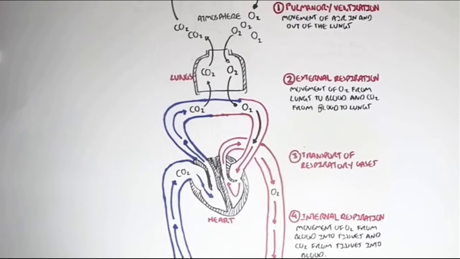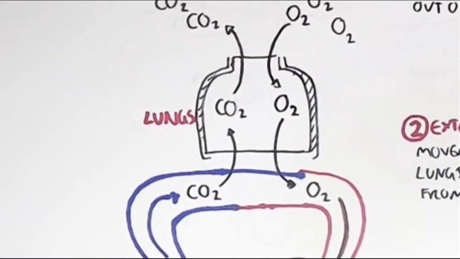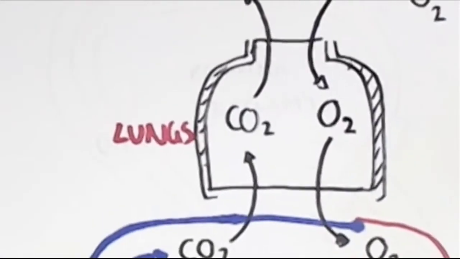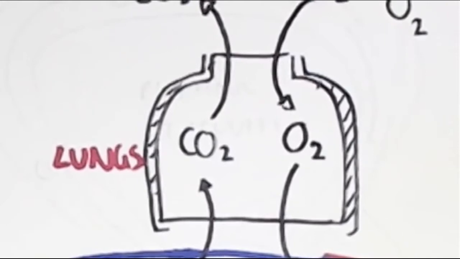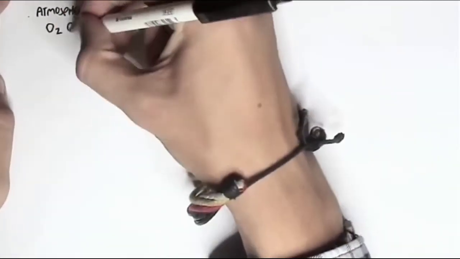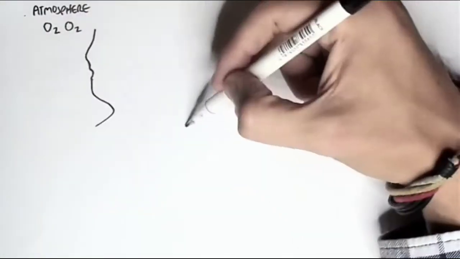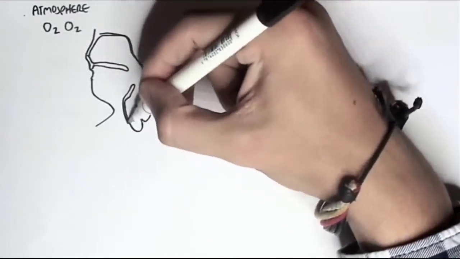So now moving onwards, let's look at the basic anatomy of the lungs, the gross anatomy and the structure of the lungs. Now here we have the atmosphere again, containing many types of gases including oxygen gas. Here we have the human body.